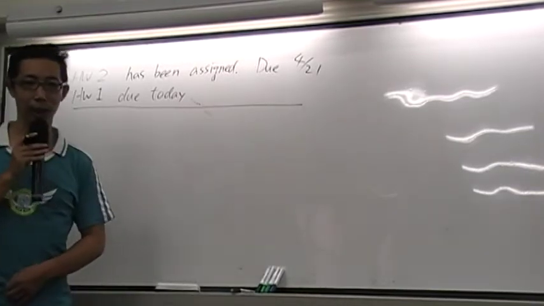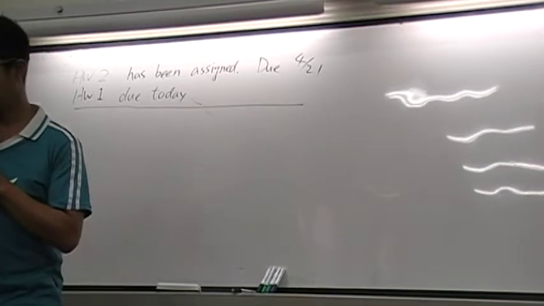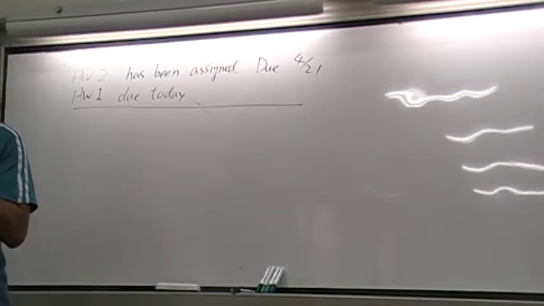And by the way, at first, I think I told you guys our midterm exam will be during the first week of May, but I think I may postpone the exam a little bit later. So maybe around the second or the third week of May.